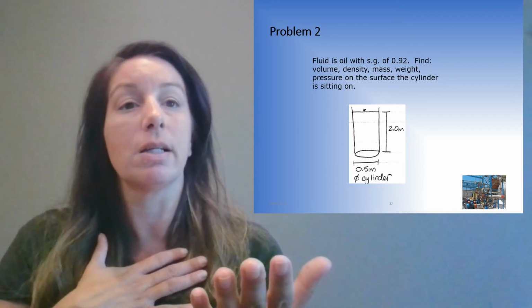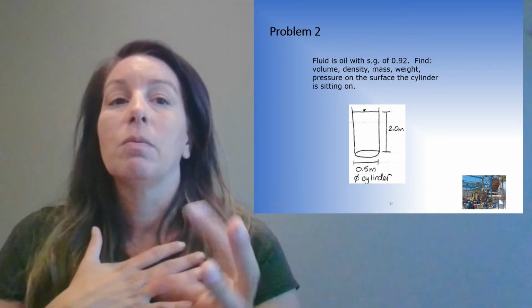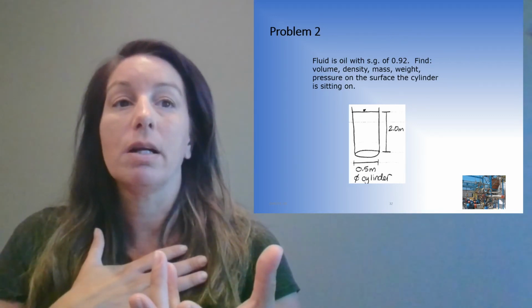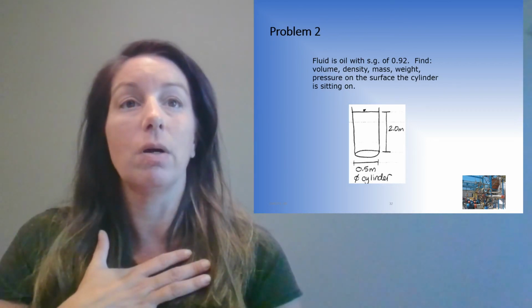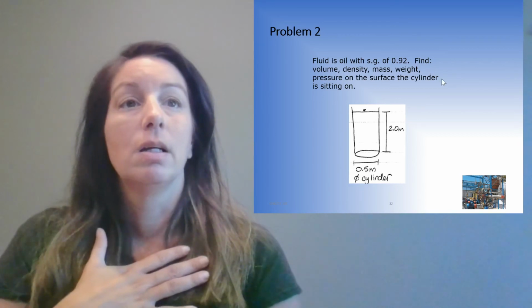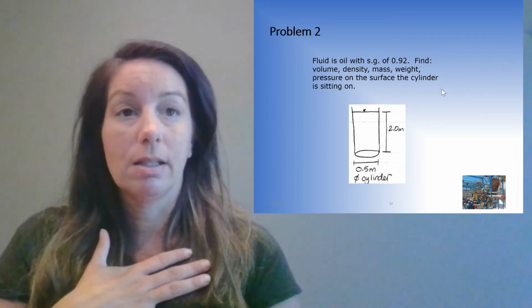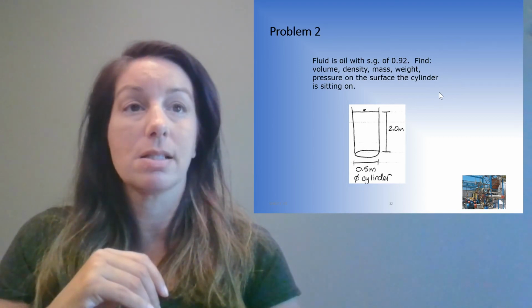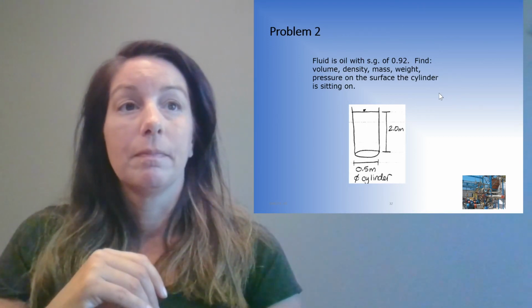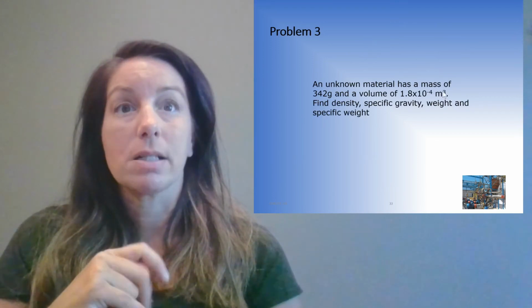So the bottom of the cylinder, again, the diameter is 0.5 meter. We've got 2 meters depth of this oil, okay? So we'll do that again. Like I said, I encourage you to go ahead and try it because, again, it gives you guys some practice on this.